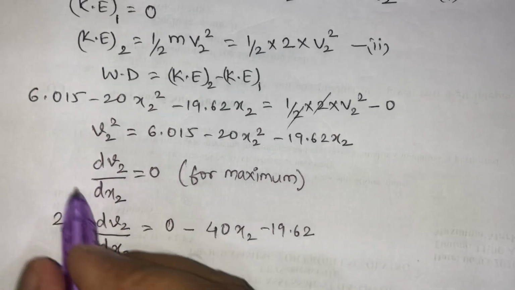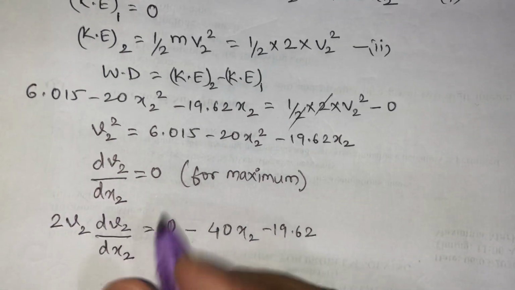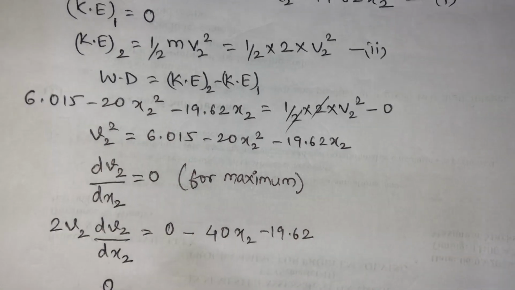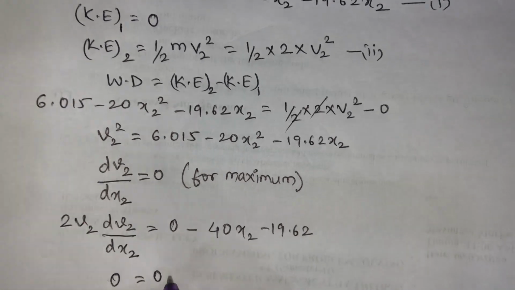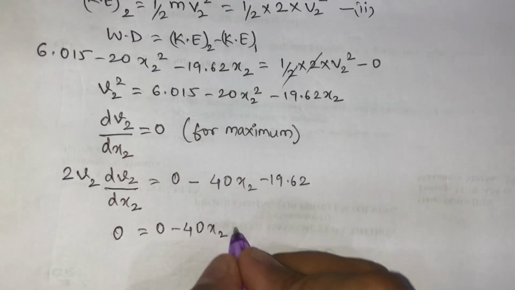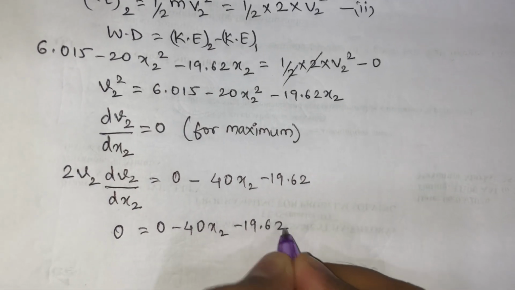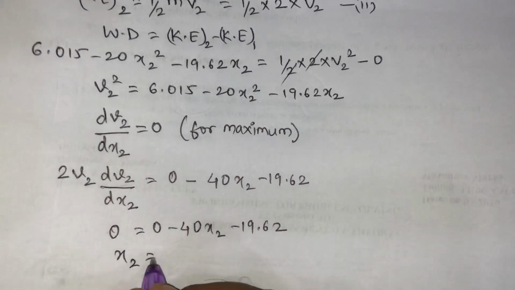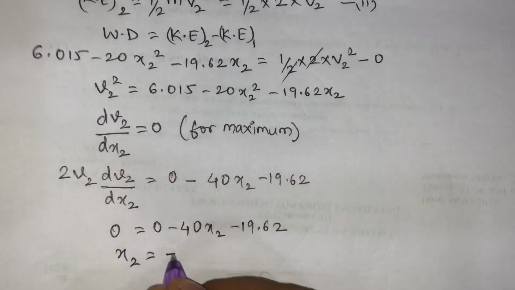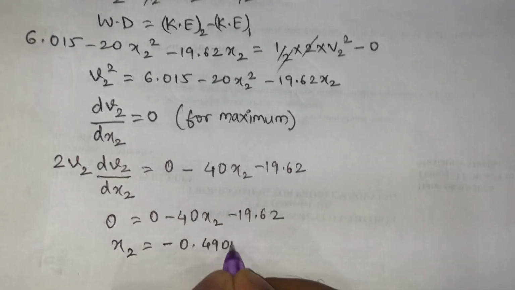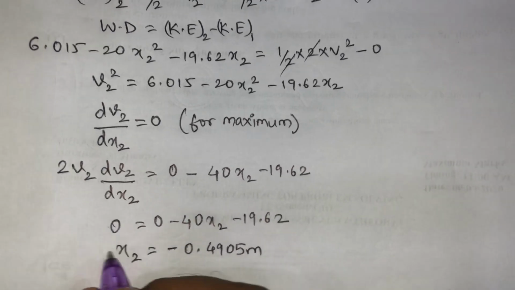Now as you already know that dv2 by dx2 is 0, the whole term becomes 0, meaning 0 equals 0 minus 40 x2 minus 19.62. If you relate this, you'll get x2 equals minus 0.4905 meter.